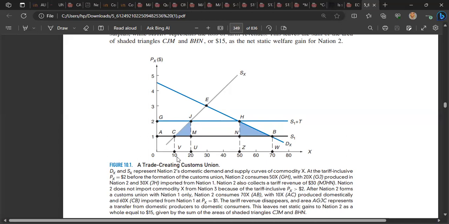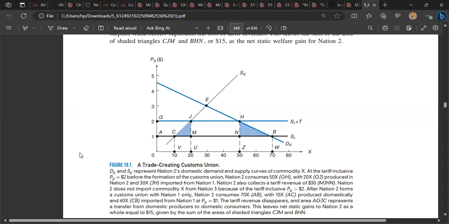But what is happening here now is producer surplus is going down, but at the end of the day, it's going down at the expense of consumer surplus. So what is being lost by the producers is basically being gained again by the consumers, right? So in total, the welfare gain is going to be represented by that triangle and that triangle there. That will basically represent the increase in welfare. All right.